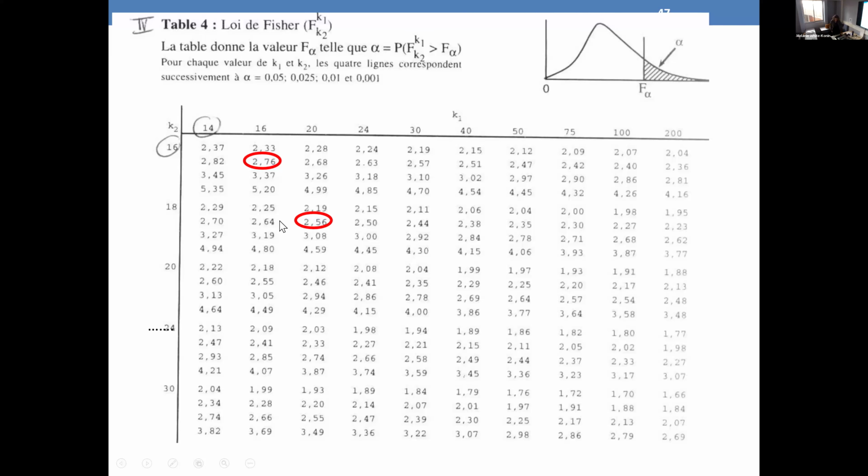D'accord? And then what's a bit complicated is that because we don't have all the values, we've got 14, 16, 20, so we don't have 15, 17, tout ça. You have to kind of work it out. So here it was 17, 17. So it's between that and that, okay?